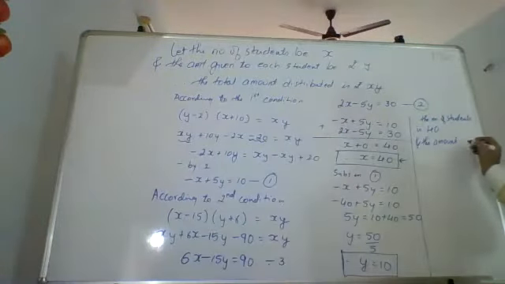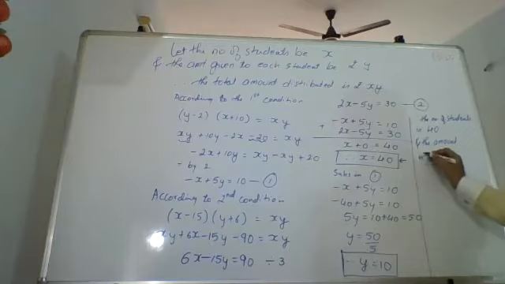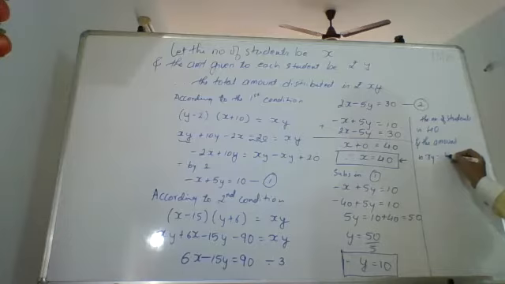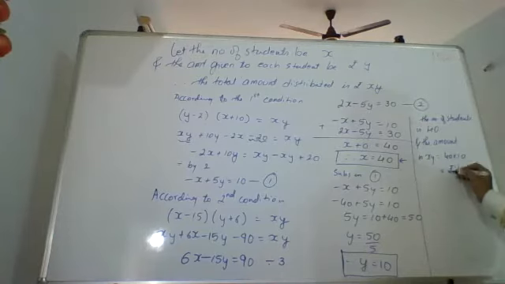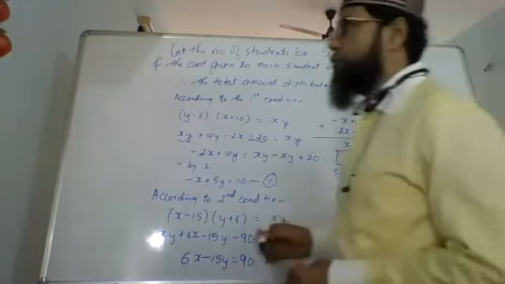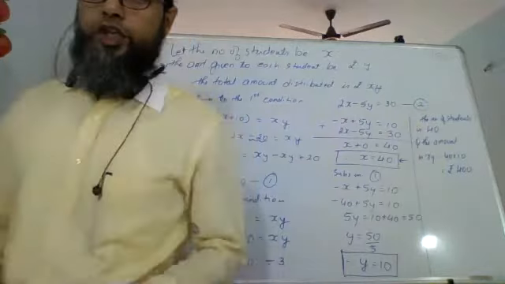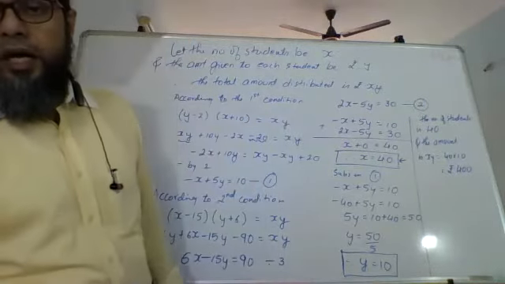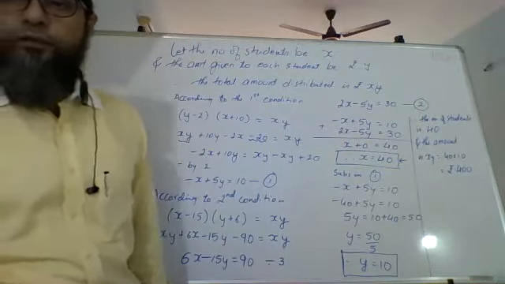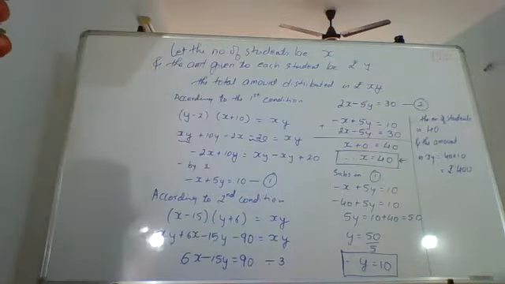The amount is xy, which is 40 into 10, which is rupees 400. So 400 rupees are distributed between 40 students.